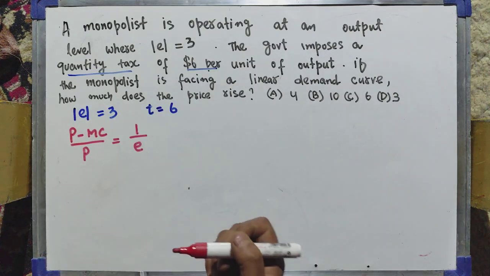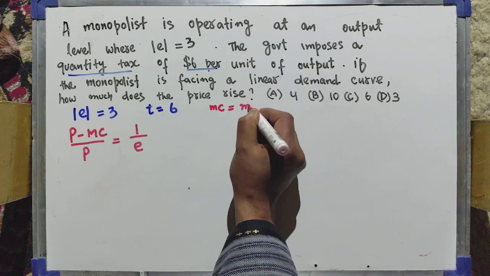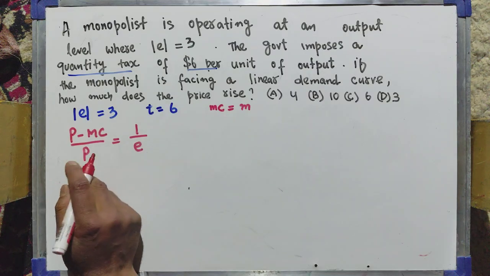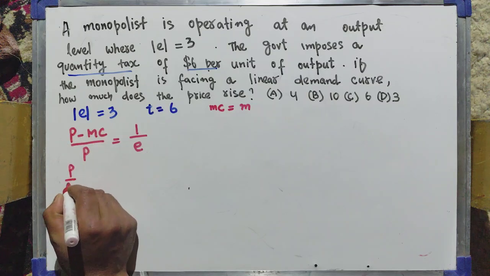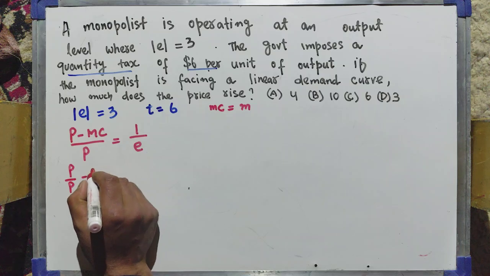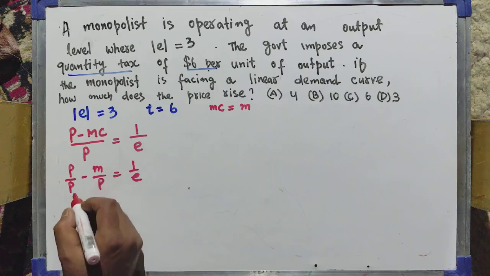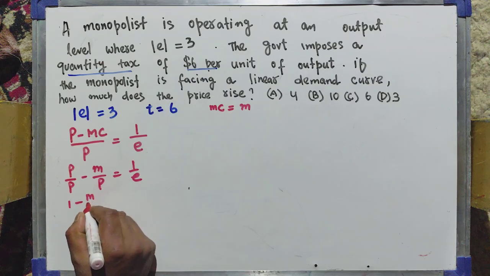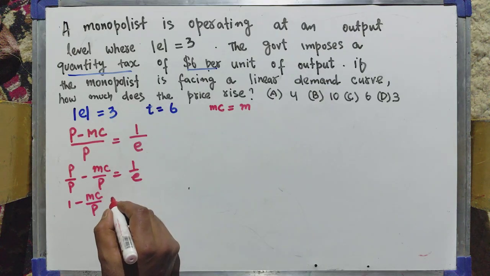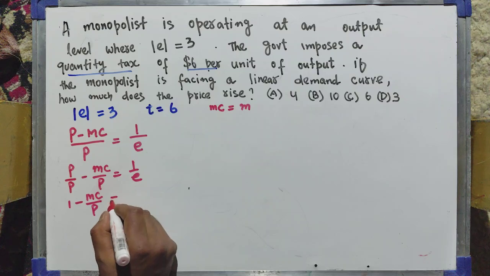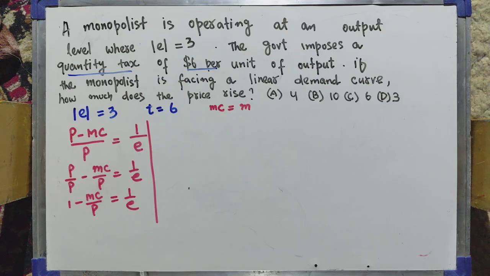Now let me denote MC by, let us say, M. Let us divide by price on both sides. So can I write P upon P minus M upon P is equal to 1 upon E. So it becomes 1 minus M upon P, or MC, whatever it is, should be equal to 1 upon E. Solving further, I need to solve this equation for price here.